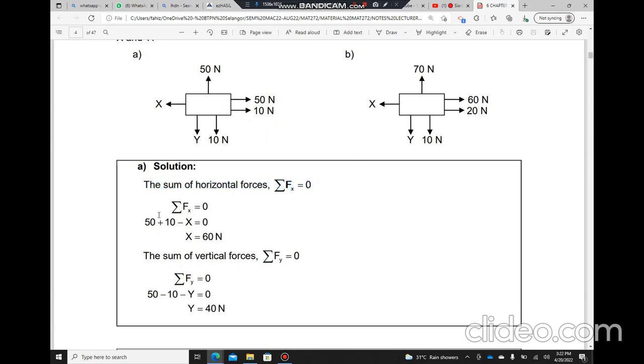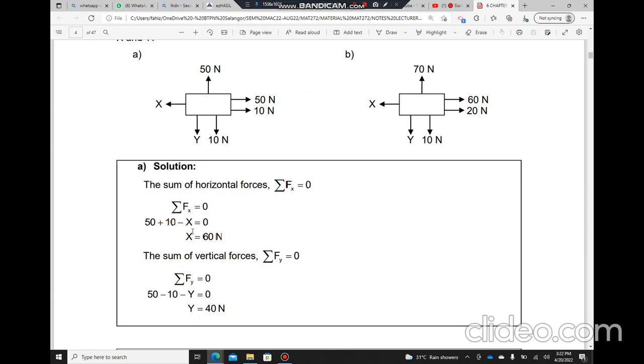So dekat sini kita tengok jumlah Fx ke kanan 50 plus 10. And then ke kiri dia ada X. So 50 plus 10 minus X is equals to 0. Maksudnya kat sini awak boleh kira total dia equals to 0 ataupun force kanan dengan kiri mesti sama.